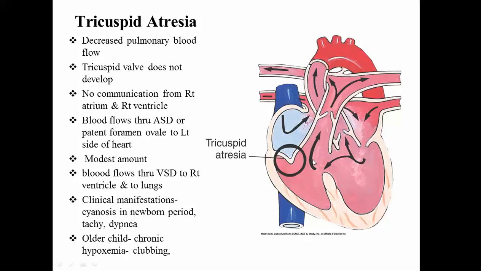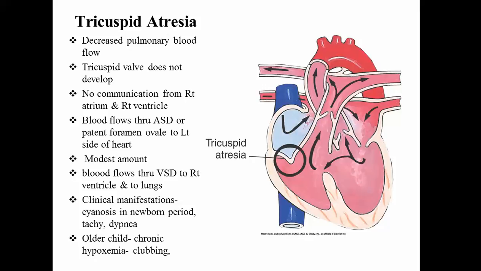So the blood flows through the VSD to the right ventricle and then to the lung. But really the VSD only allows a modest amount of blood through the right ventricle and pulmonary artery for oxygenation. So the pulmonary blood flow is usually decreased, even though you are getting some blood coming from the VSD. So obviously you have mixing of unoxygenated and oxygenated blood in the left and the right side of the heart.